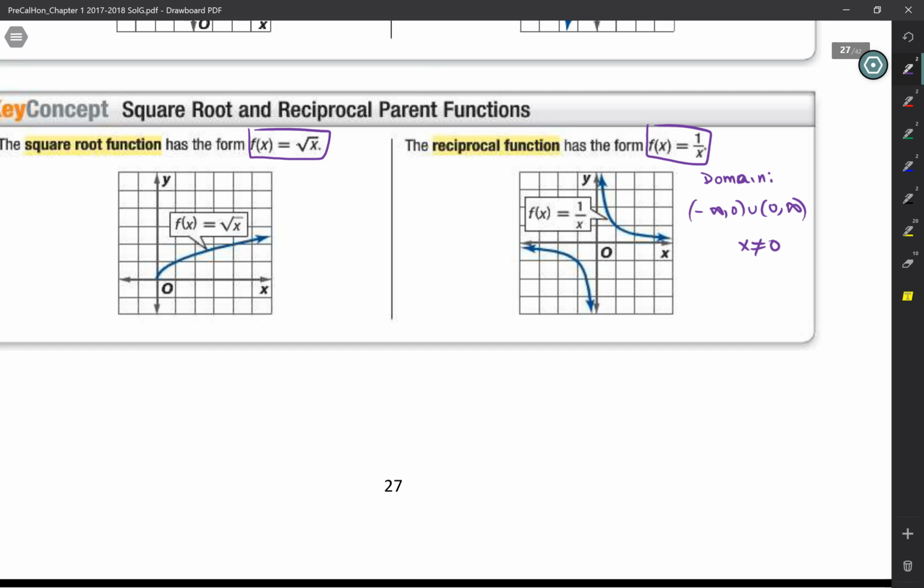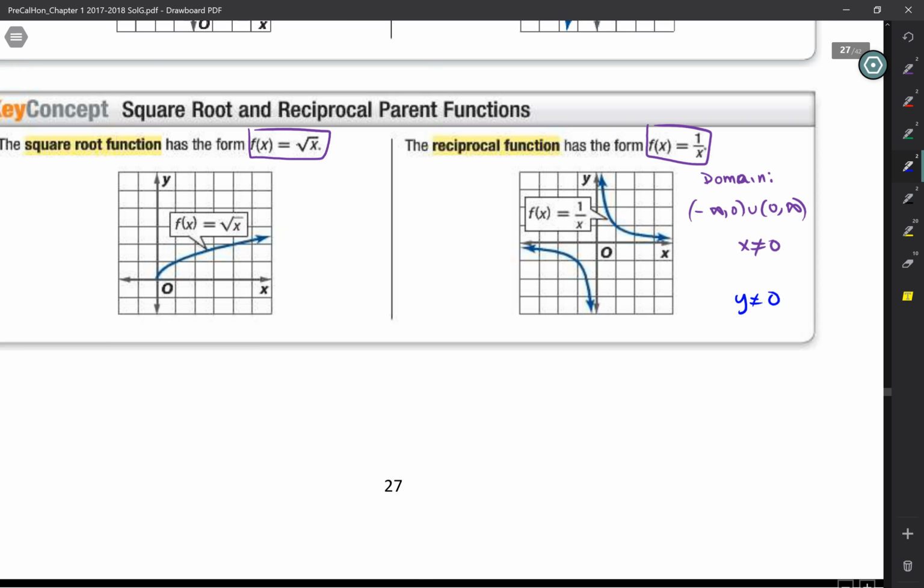Can you plug in a value for x to get y equals 0? Is there any number that you could put in the denominator there that would make this entire thing 0? No. So not only can x never be 0, neither can y.